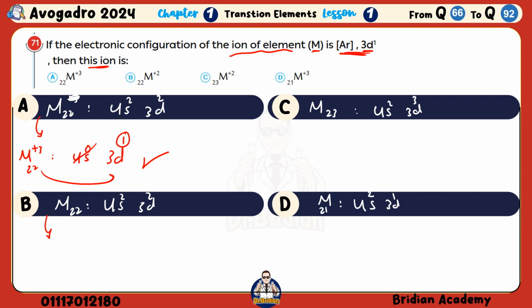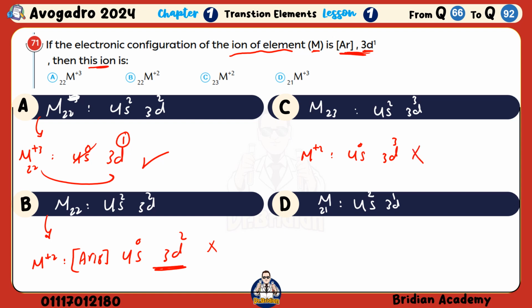M 22 in oxidation state positive 2 loses 2 electrons, 4s is 0, 3d2. In choice B, 3d2 is not equal to the 3d1 demanded in the question, so it is wrong. M 23 in oxidation state positive 2 will lose 2 electrons, and 3d will be 3d3, and he asked about 3d1, so we will reject choice C.